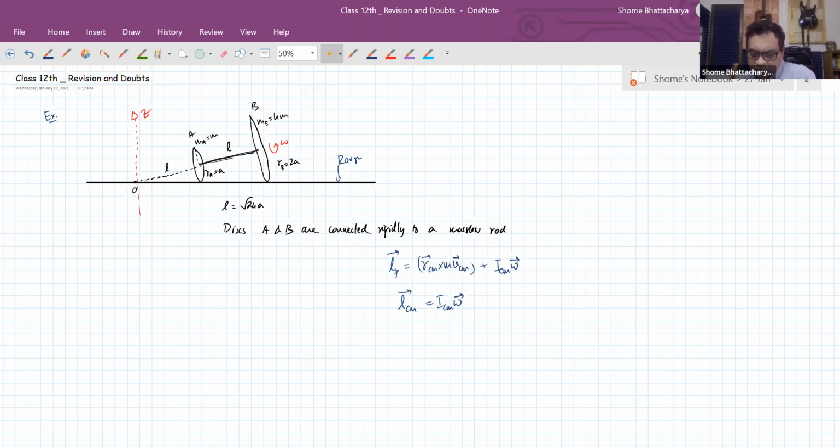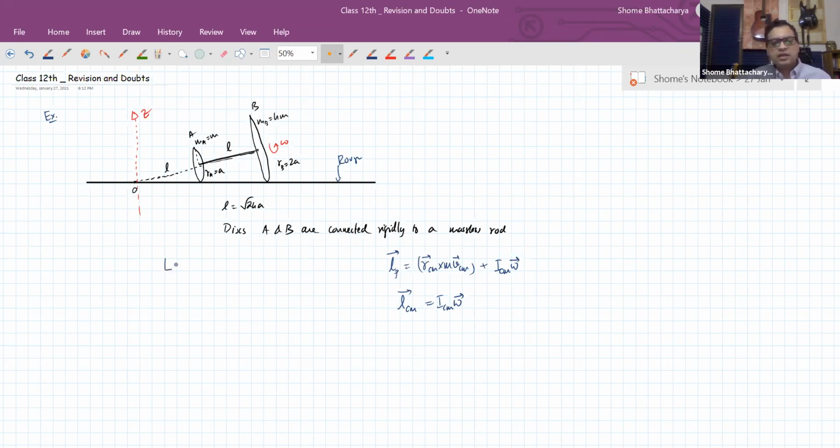Just a minute, I will check on the options. Yeah, so for example, one of the options is to calculate the angular momentum about the center of mass axis. The other is the magnitude of the z component of capital L. So what is capital L? Capital L is the angular momentum of the system about the point O, as given in the question.